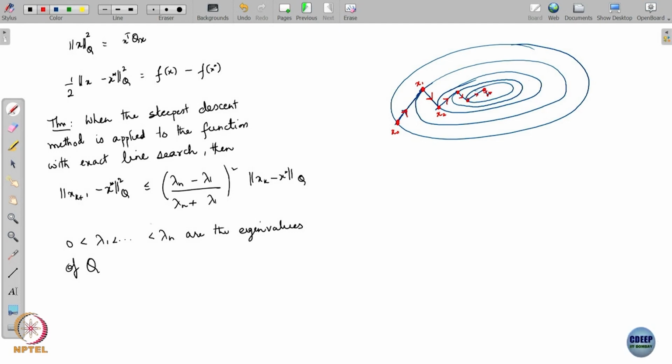If all the eigenvalues are equal, in that case Q would essentially be an identity matrix, say all the eigenvalues are equal to 1. In that case, lambda n would be equal to lambda 1, and, sorry, I should have put a weak inequality here, my mistake. Then the term in this inequality would be 0, and x k plus 1 would be exactly equal to x star.